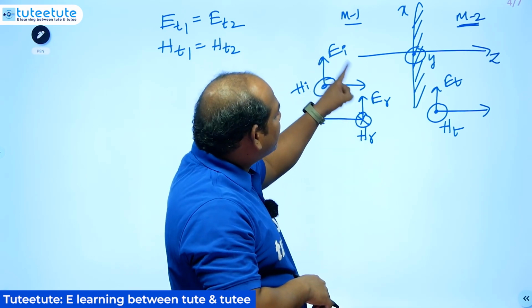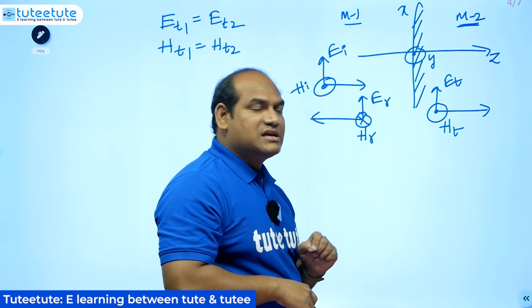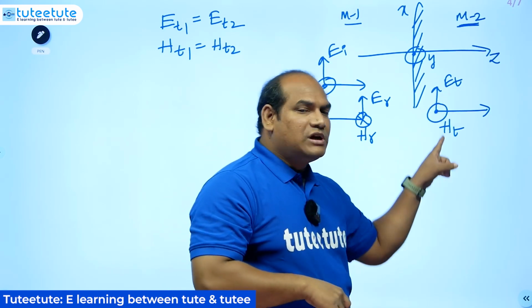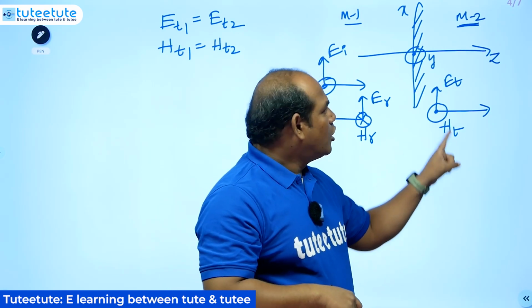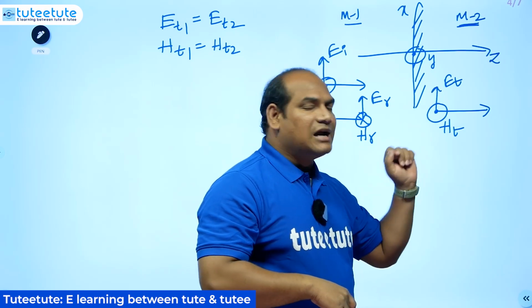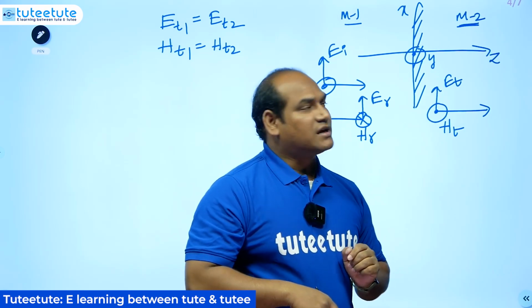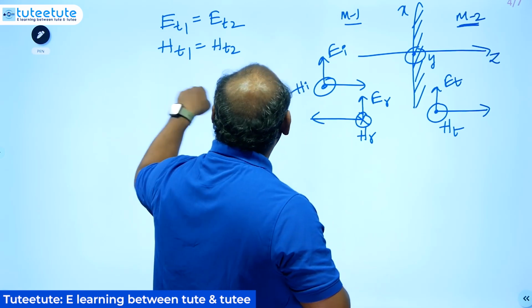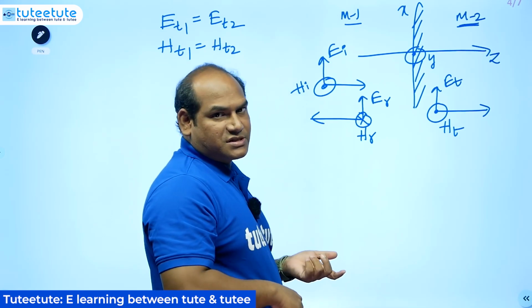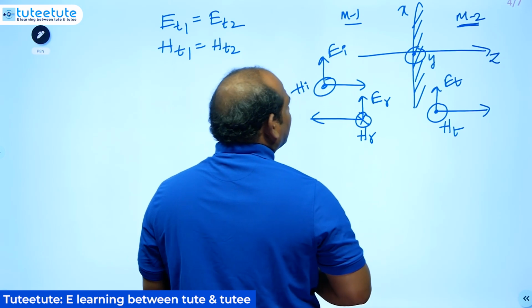So here we will get two electric fields and two magnetic fields. But in medium 2, we are dealing with only one signal, the transmitted signal, so only one electric field and only one magnetic field. Accordingly, we are going to use these particular equations.